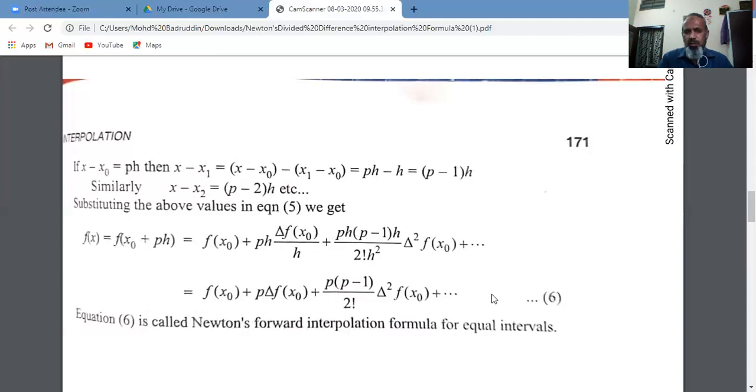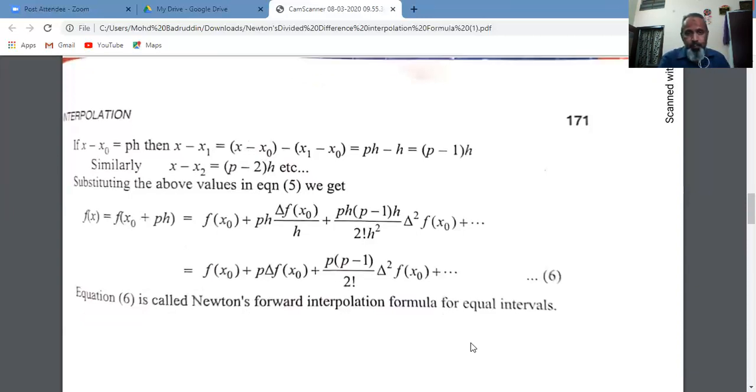So this is equation 6, and this equation 6 is called Newton's forward interpolation formula for equal intervals. So if x minus x naught is ph, if the arguments are equally spaced, then Newton's divided difference formula can be converted into Newton's forward interpolation formula. So I think it is clear.